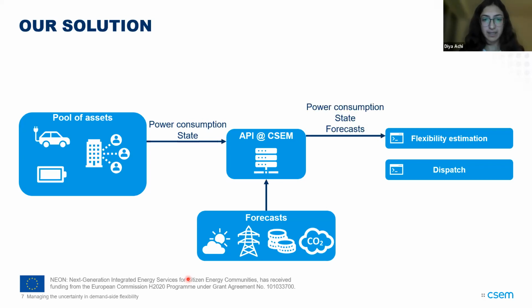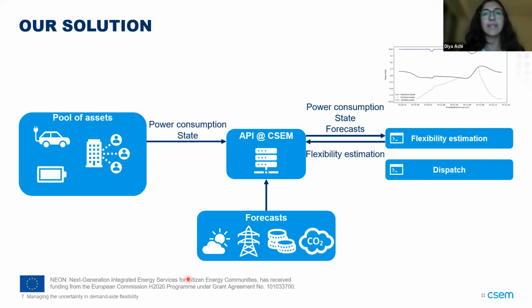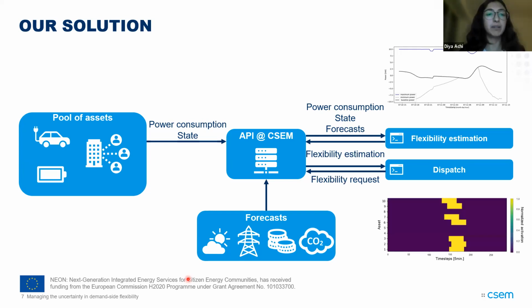And then all this data is used first for the flexibility estimation, where we want to find the bounds where we can deviate from the baseline power. And then this flexibility estimation is used for the dispatch. What the dispatch does is that it calculates the optimal flexibility request that will then be communicated to the pool of assets.